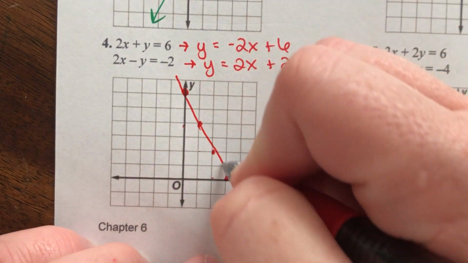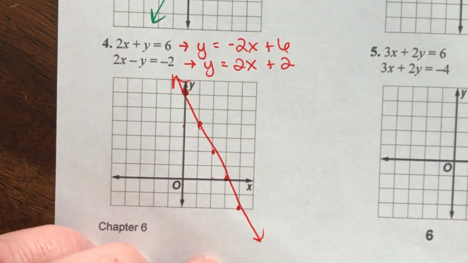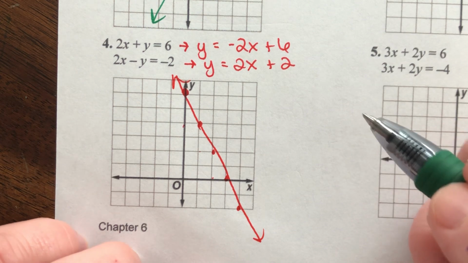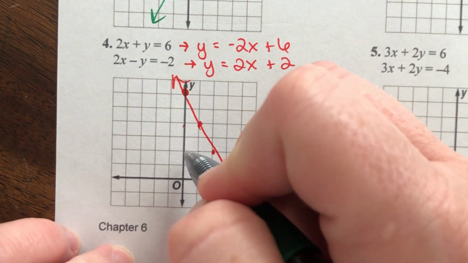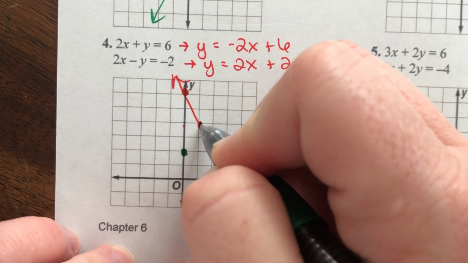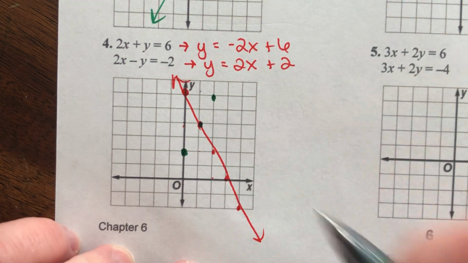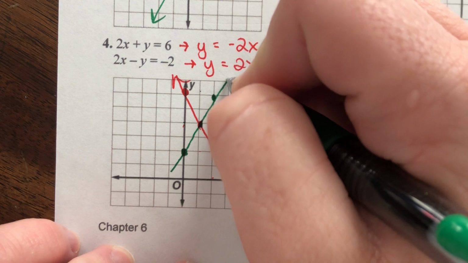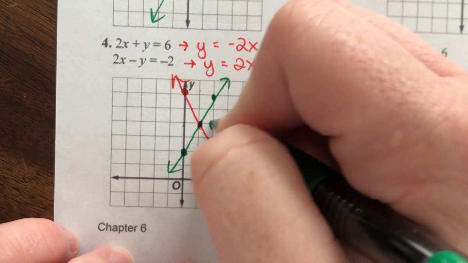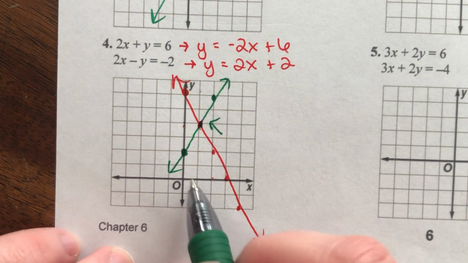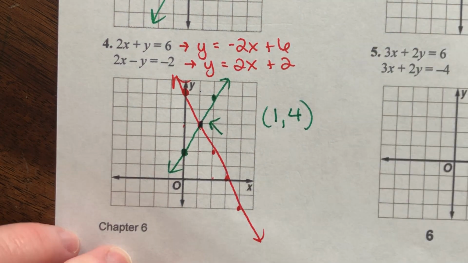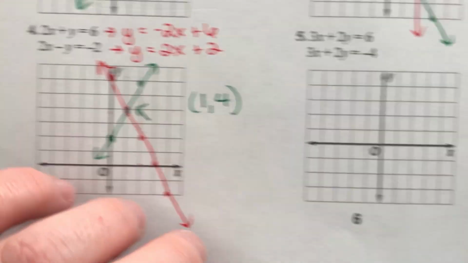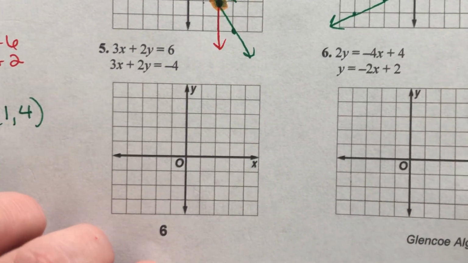Here's one line. Oh, that was not a straight line. Hopefully your lines are straight. You can use a straight edge. I don't know why I don't. And then plus 2, up 2 over 1, up 2 over 1. I already have enough there because I see right where they cross each other, right here. So they share one solution, and that's over 1, up 4. Hopefully we get some in here that are either parallel or infinite solutions.